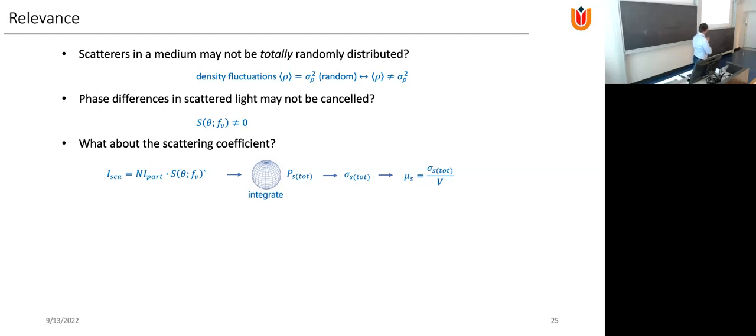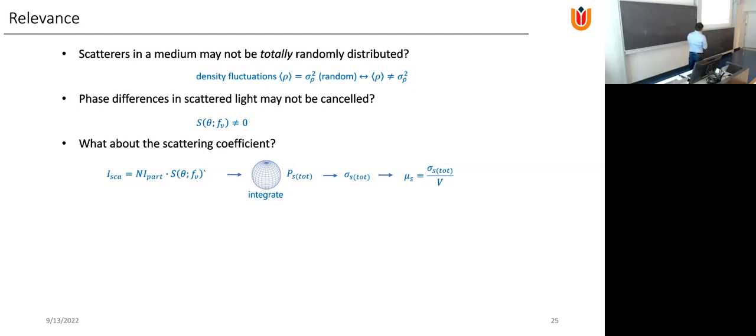We said that if we can place particles totally randomly, then these phase differences might cancel, and we would not have to take into account the structure factor. But with particles, basically the same thing as with people, they cannot occupy the same space. If the particles have a certain size, then there is a restriction because at best they can touch each other, but they cannot overlap.